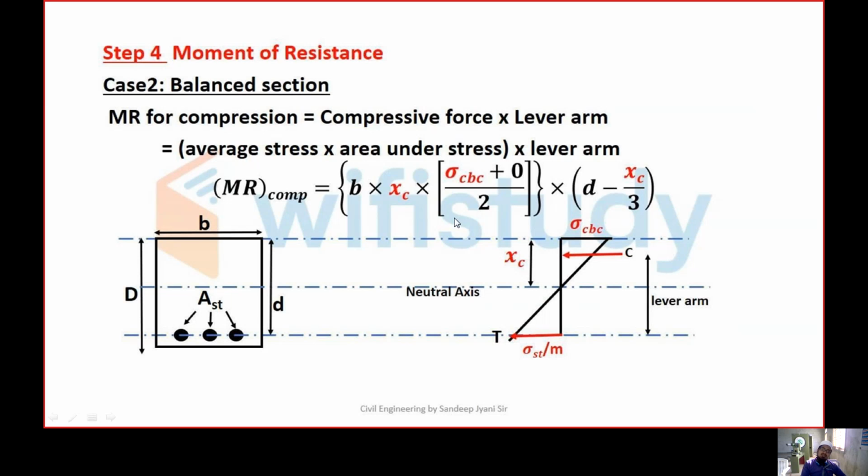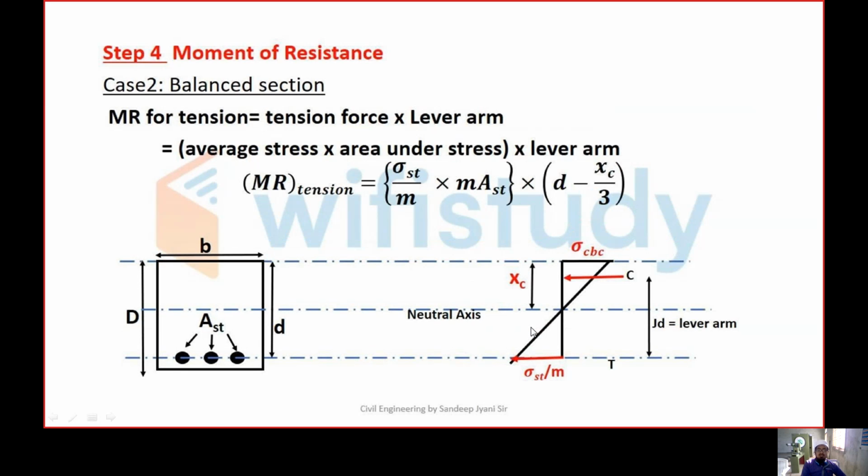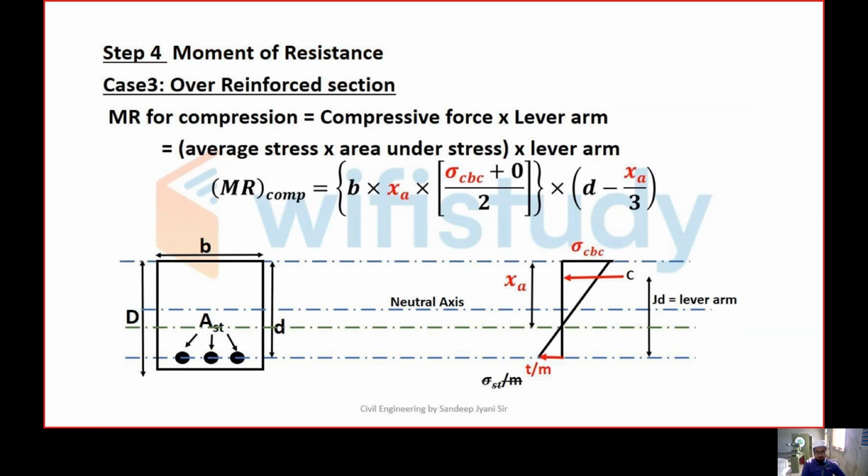So B into XC is the area under stress, and this is the average stress: maximum compressive stress plus the minimum, that is 0, by 2, into D minus XC by 3, same as mentioned above. The moment of resistance for tension is also the same: sigma st by m into m AST into D minus XC by 3.